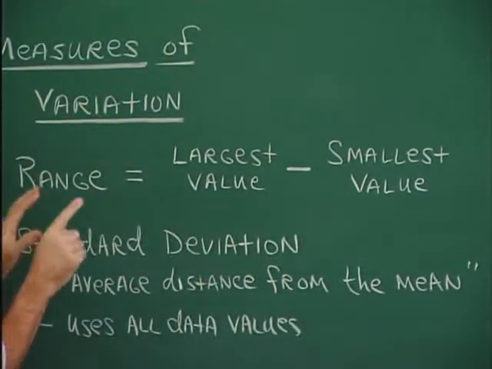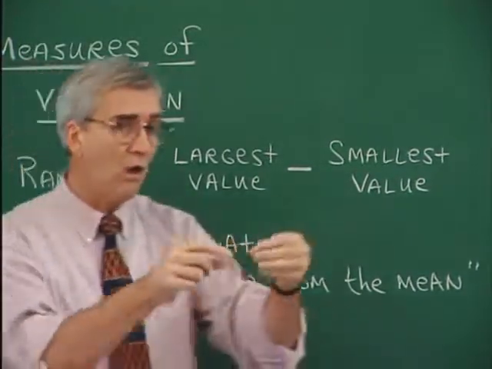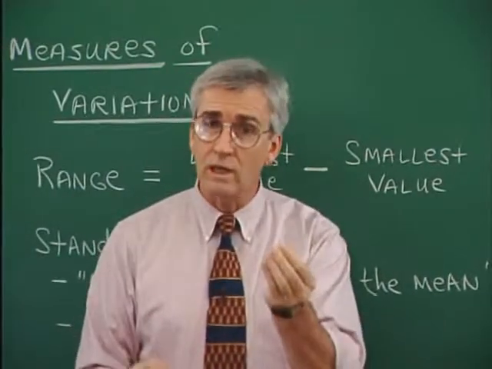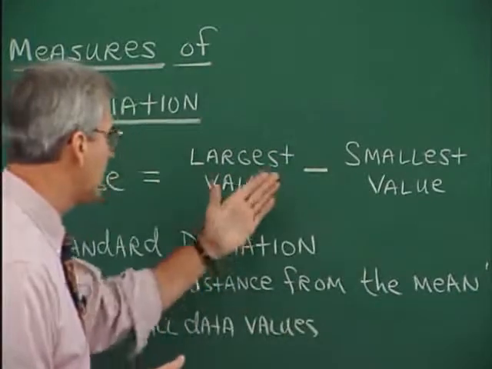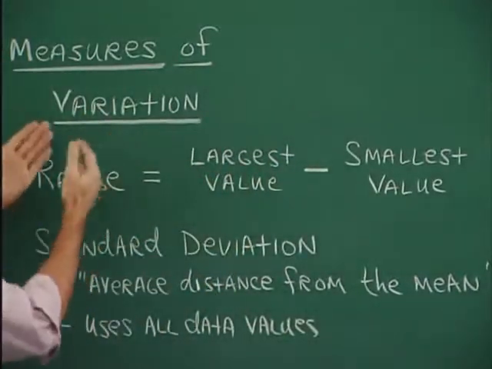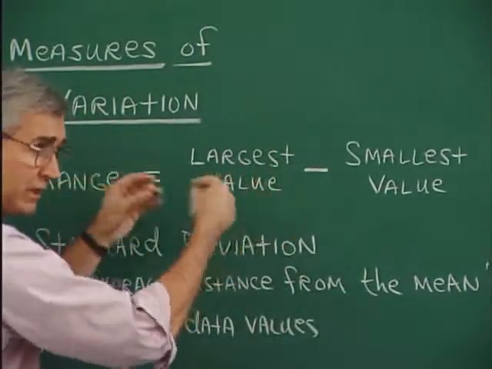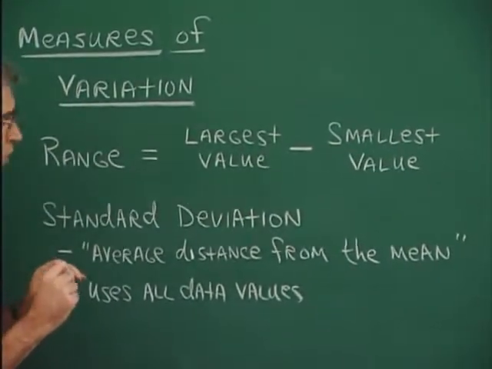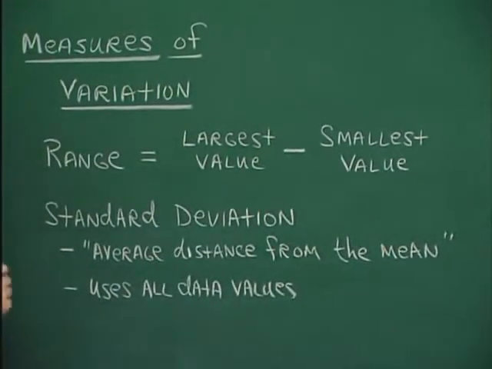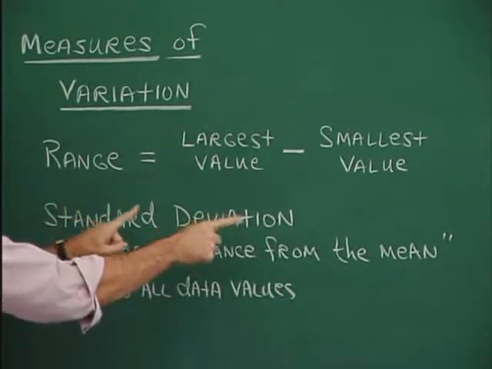And now notice it doesn't take into consideration all of the values in the data set, only the largest one and the smallest one. But it's very easy to calculate, and it gives us an idea about the variation within our data set. All right, another probably much more important measure is called standard deviation.